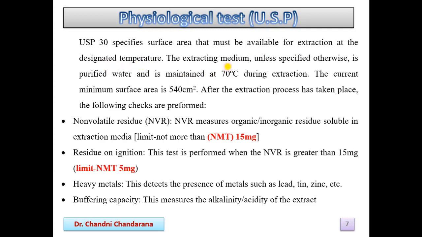The extracting medium, unless specified, is purified water, maintained at 70 degrees centigrade, and the current minimum surface area is 540 centimeter square. These are some parameters for the extraction process.